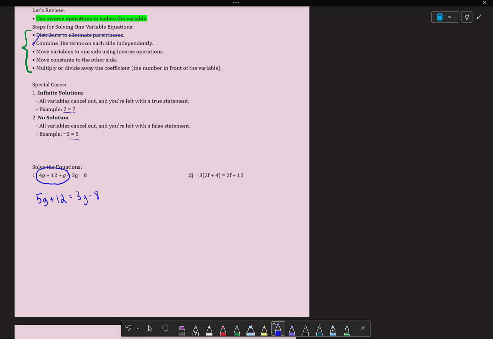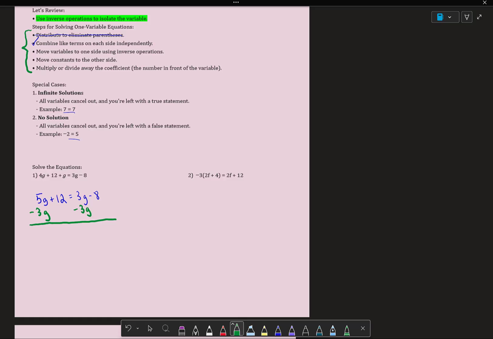All right, the next bullet point says move variables to one side using inverse operations. So our variables are 5g and 3g in this problem. We would need to move these to the same side. I'm going to move the smaller of the g's to the left side. So the inverse operation of positive 3g is subtracting 3g from both sides.